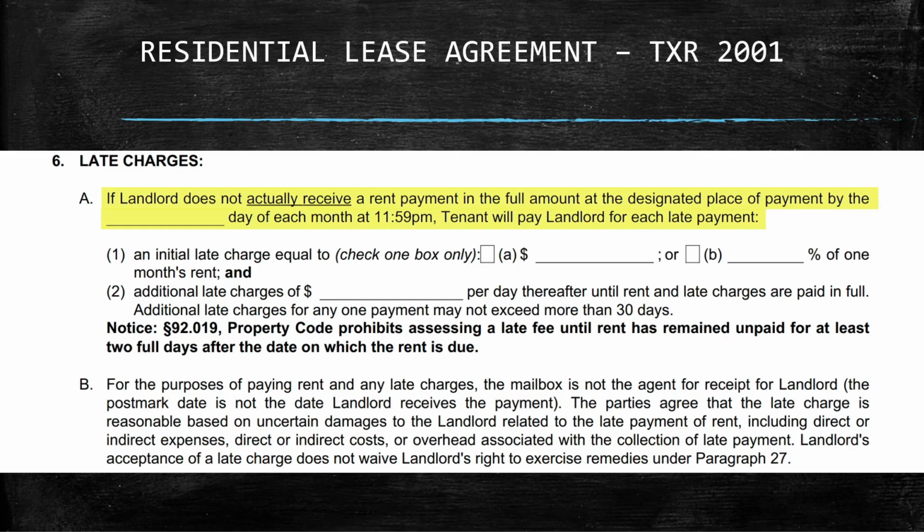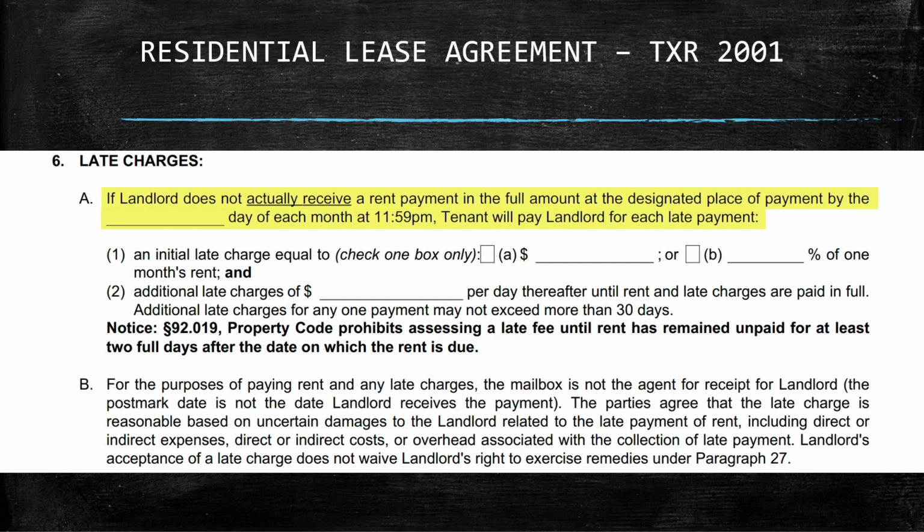actually receive a rent payment in the full amount at the designated place of payment by the blank day of each month at 11:59 p.m., then the tenant will pay a late fee. And then we talk about how to calculate the late fee. So here in 6A, this number that we write in for the negotiated number of days, this is the grace period.